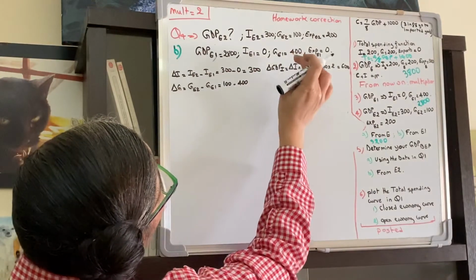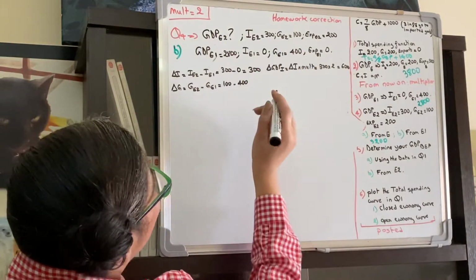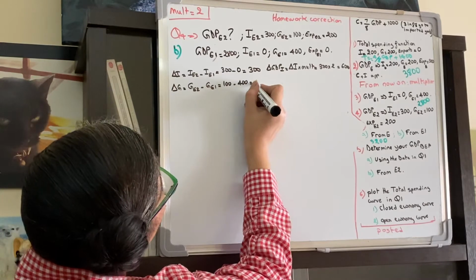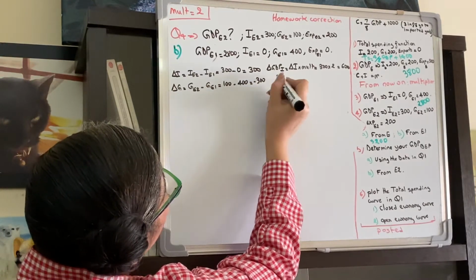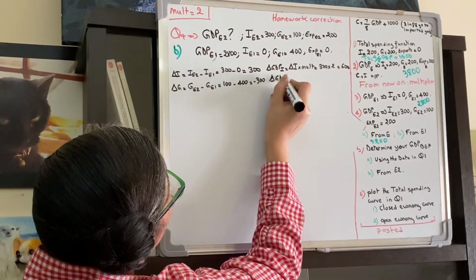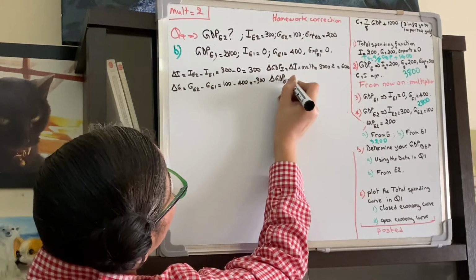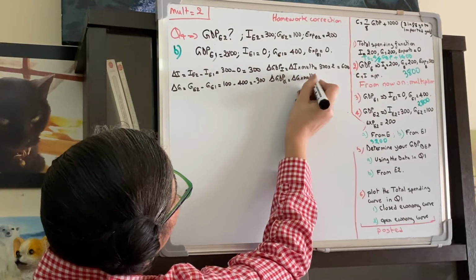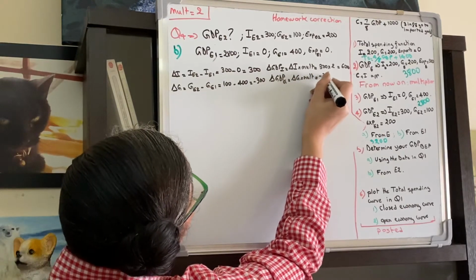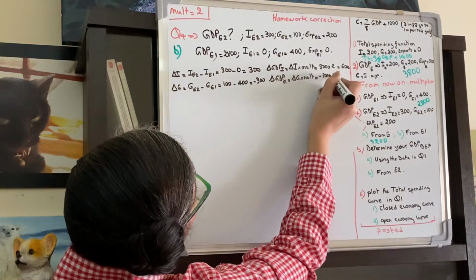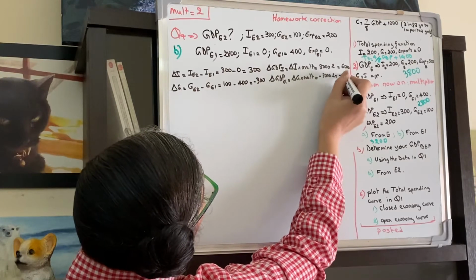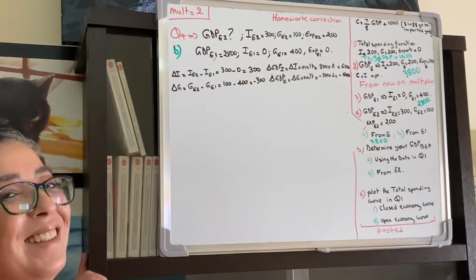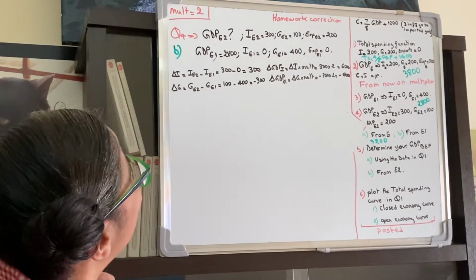So delta GDP due to government is equal to delta G times the multiplier, which is equal to negative 300 by 2, which is equal to negative 600. Okay? These are going to offset again.